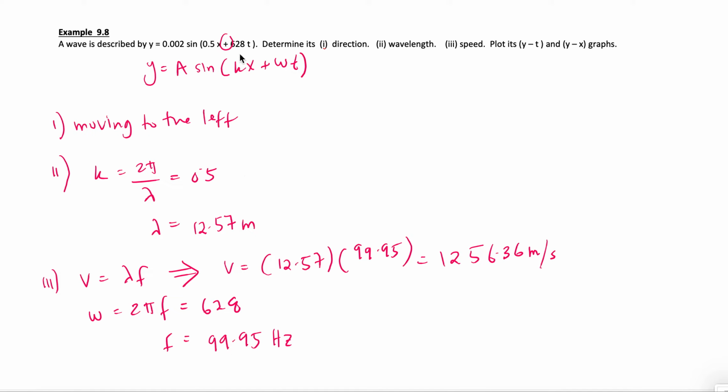Let me check whether 628 is right. 2 pi f equals 628, so frequency is about 100. That seems right. And k over lambda, 2 pi divided by 0.5 is 12.57. Correct. Okay, it is what it is.